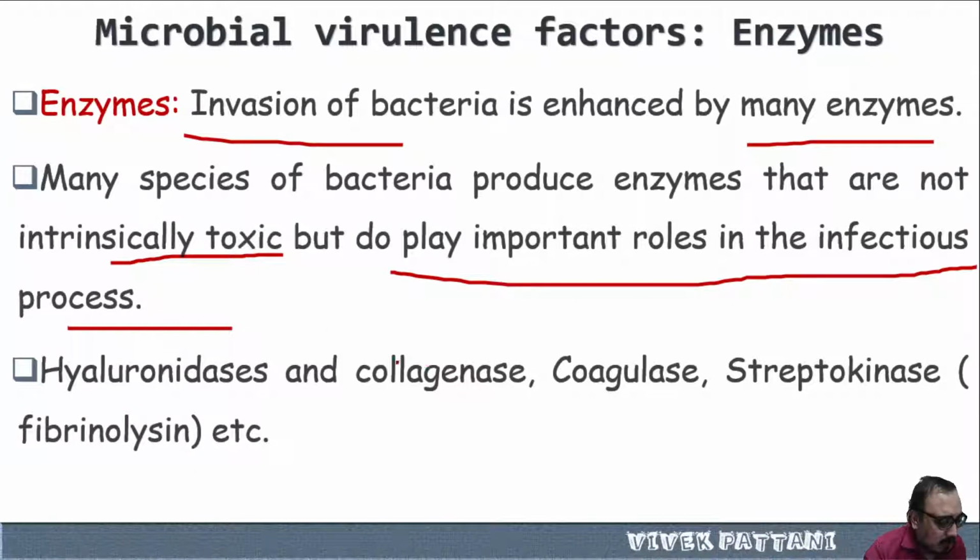Some examples of the enzymes are hyaluronidases, collagenase, coagulase, streptokinase, etc. Here are some examples of the enzymes. So starting with the first enzyme, I have covered a few enzymes.